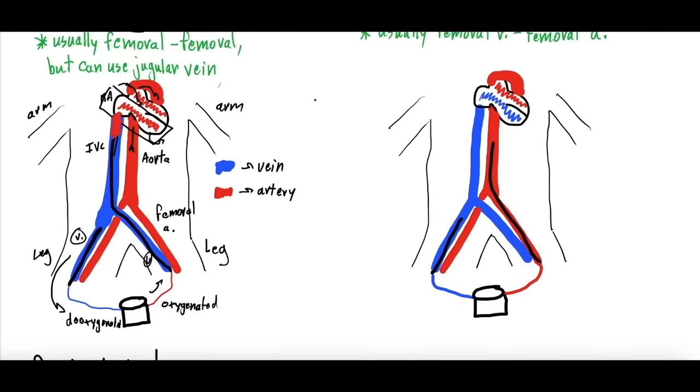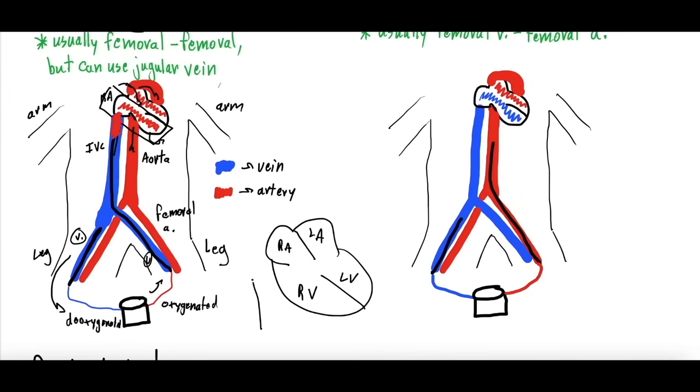So I don't want to belabor the point, but if we just draw a heart here, I'm not an artist, but what we have is right atrium, right ventricle, left atrium, left ventricle. And as we know, deoxygenated blood from the body comes to the right atrium, goes into the right ventricle, then gets pumped from the right ventricle out into the lungs, which will say look like this.